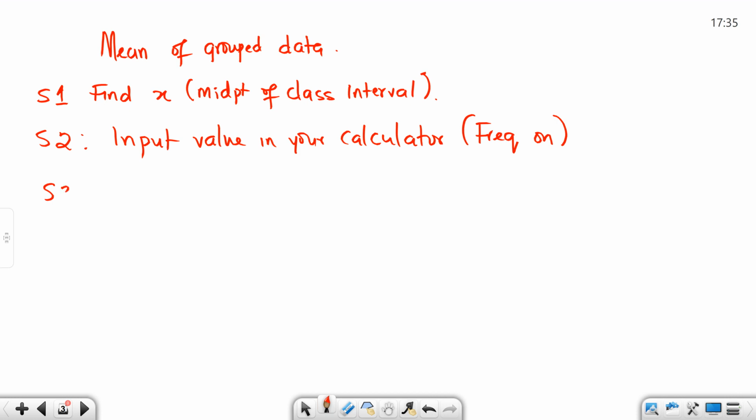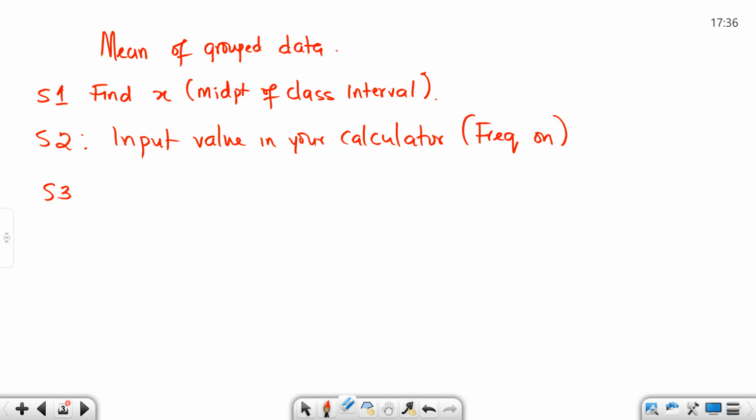All right. Step 3. When you input everything, what do we press? After inputting, we press AC. Okay? Then we press what? Shift. Something is wrong. Before we input in the calculator, no, mode stats. Okay. Let's do this.